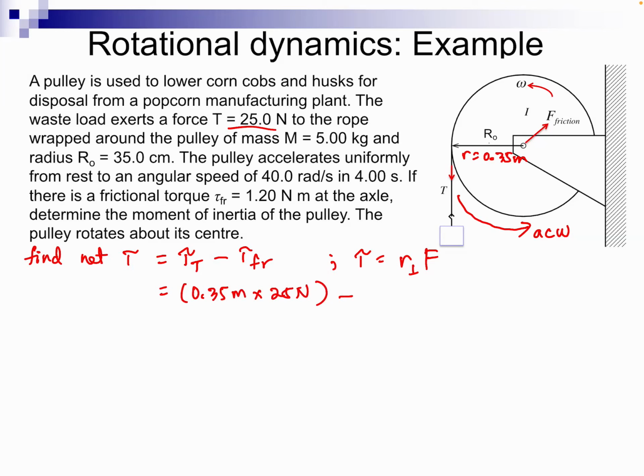The frictional torque was already given, so we just use this one, 1.20 newton meters. Right, so this gives us a net torque of 7.55 newton meters.